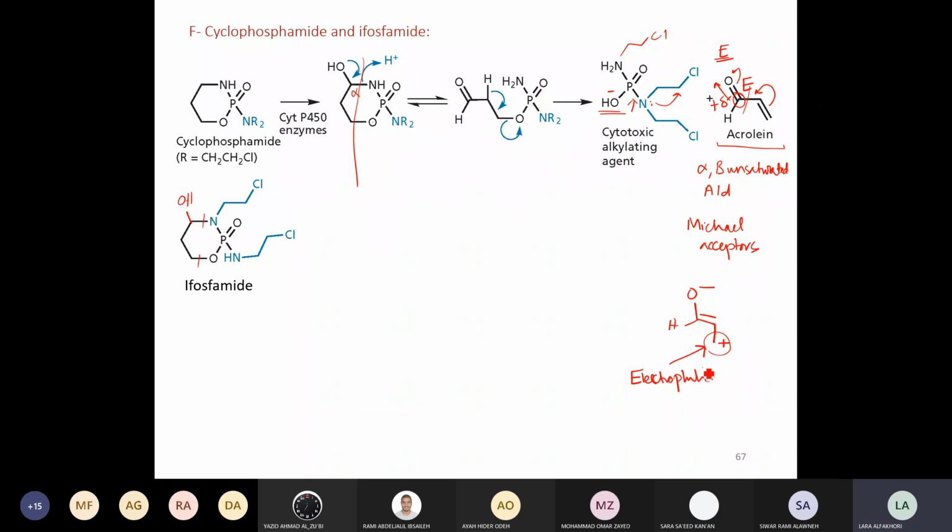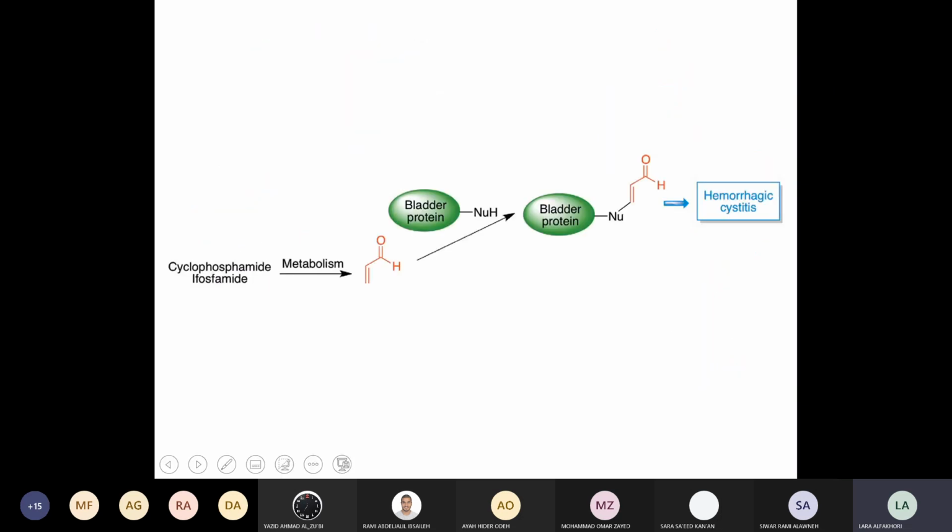That is why acrolein and the alpha, beta unsaturated carbonyls, or Michael acceptors, we consider toxic molecules, because they can interact with, for instance, proteins. Acrolein in particular, what they found out is that it interacts with the nucleophilic residues present in bladder protein.